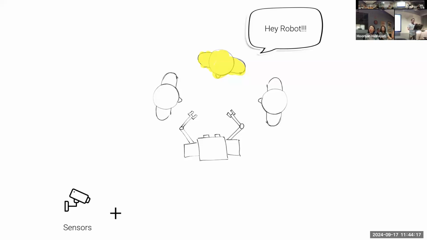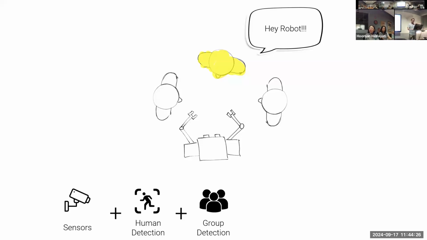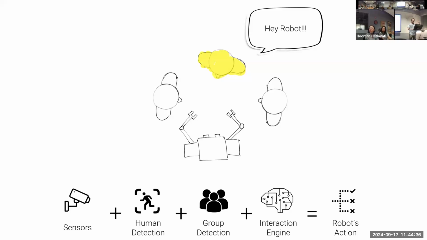The sensor input goes to a human detection algorithm, so we can understand that there is a human interacting with the robot. Then we have group detection, and all of this data goes to an interaction engine, and that interaction engine decides the right set of actions for the robot. For example, in this case, the robot responds back to the person.